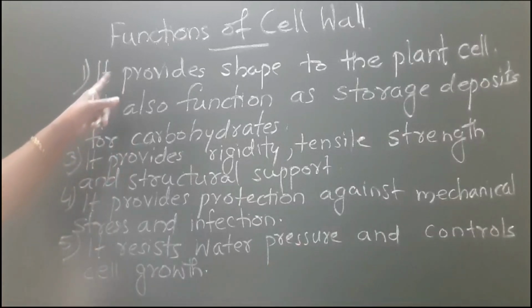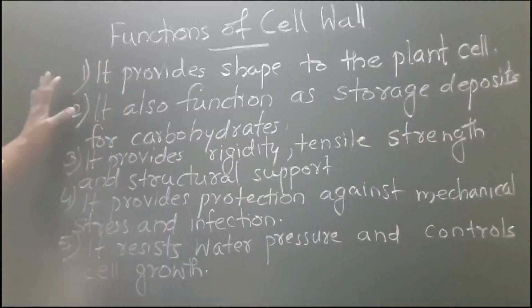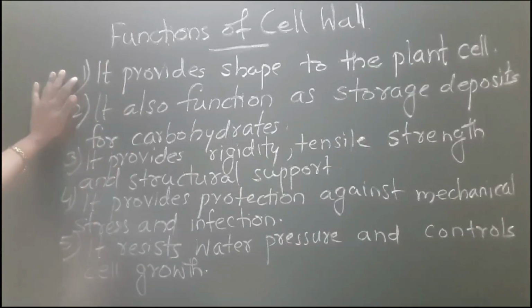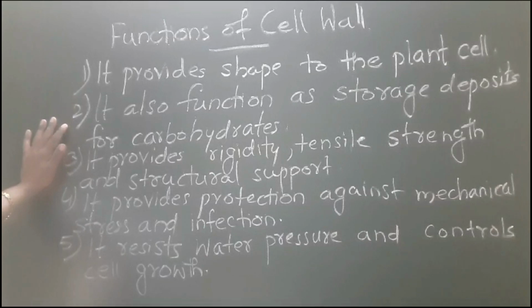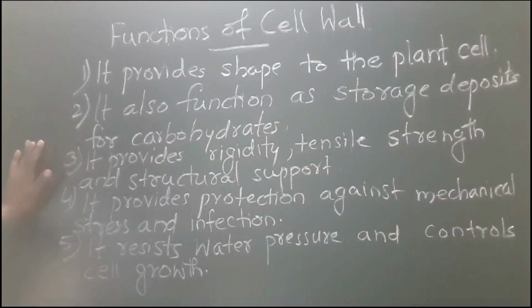Once again, functions of a cell wall. Number 1, it provides shape to the plant cell. Number 2, it also functions as storage deposits for carbohydrates. Number 3, it provides rigidity, tensile strength and structural support.